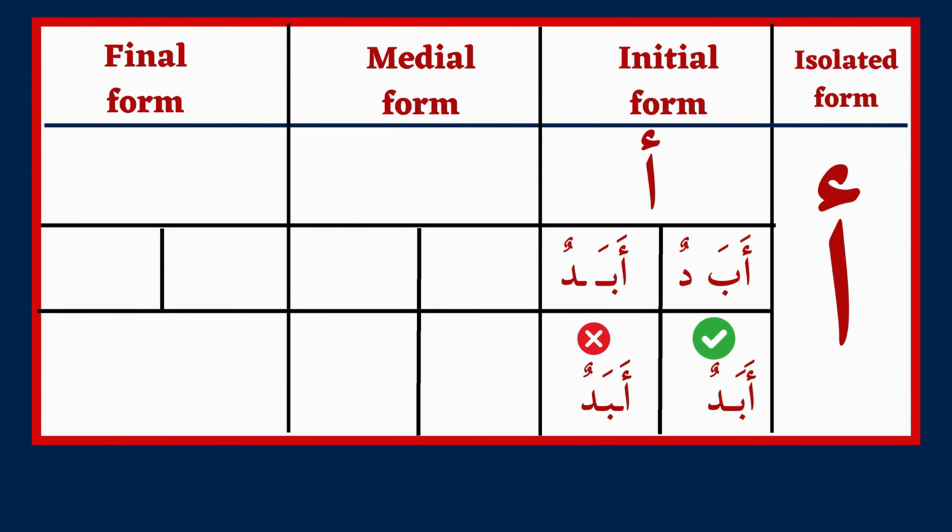When Alif, or Alif Hamza, follows a letter that allows joining from both sides, such as Ta, in this example of a 3-letter word, this is how we join the letters. Otherwise, it maintains its isolated form.